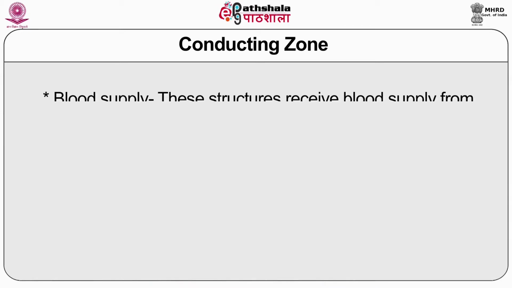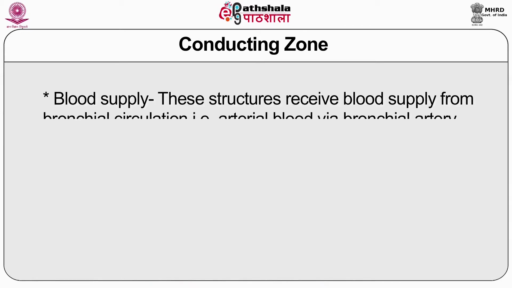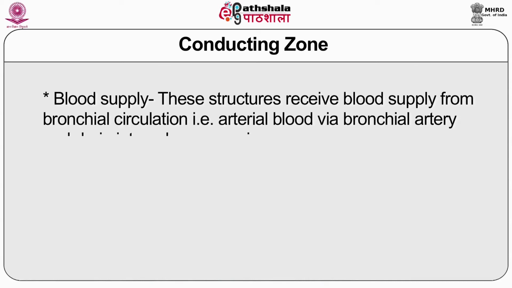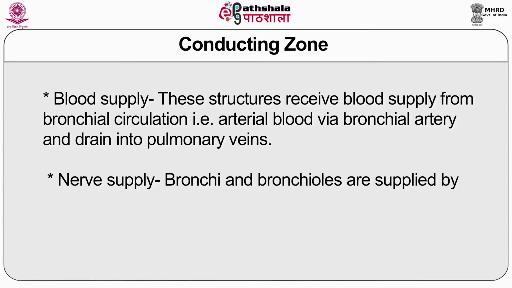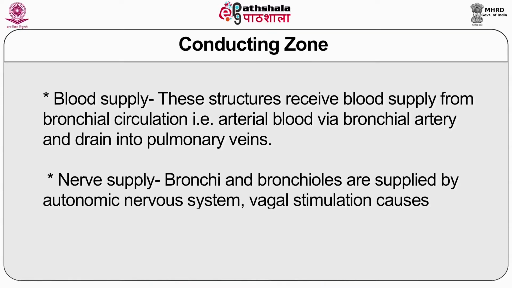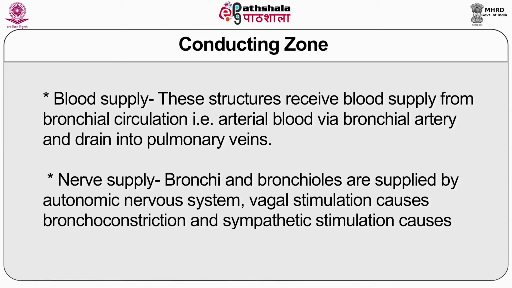These structures receive blood supply from bronchial circulation, that is arterial blood via bronchial artery, and drain into pulmonary veins. Bronchi and bronchioles are supplied by autonomic nervous system, that is vagal, that is parasympathetic stimulation causes bronchoconstriction and sympathetic stimulation causes bronchodilation.